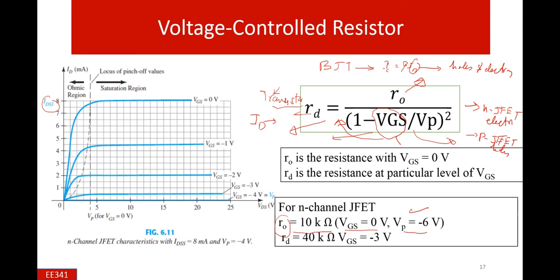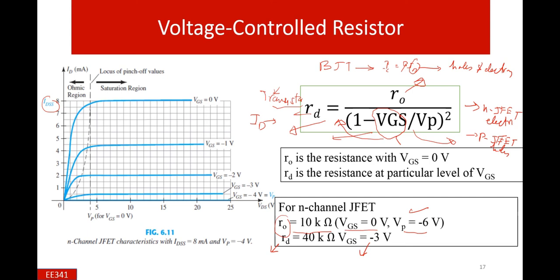If we calculate RD with VGS of -3, it is 40 kilo. So the actual resistance is 10 kilo at VGS equal to 0, and if we increase the voltage between the gate and the source, this value becomes 4 times, which is 40 kilo, and if we decrease this further, the resistance will definitely increase.